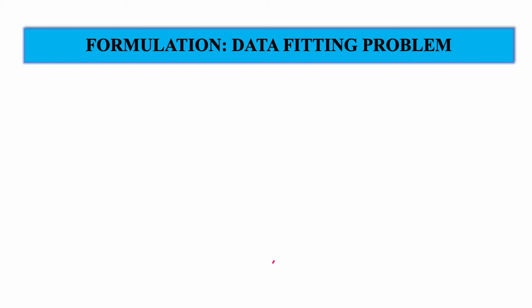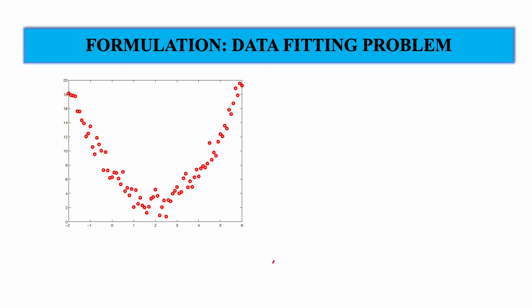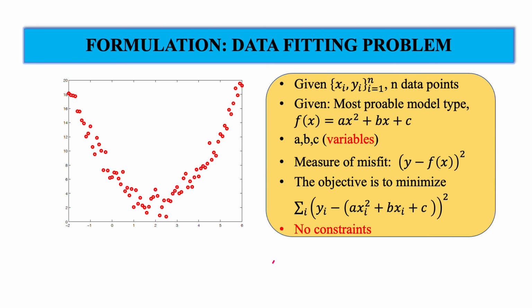Now when we look at the data fitting problem, we are given xi, yi going from 1 to n, where n is the number of data points, which are shown here with these red dots, and the probable model is quadratic. This is given to us, and takes the form ax square plus bx plus c. So the idea is to fit a quadratic model to the given data.